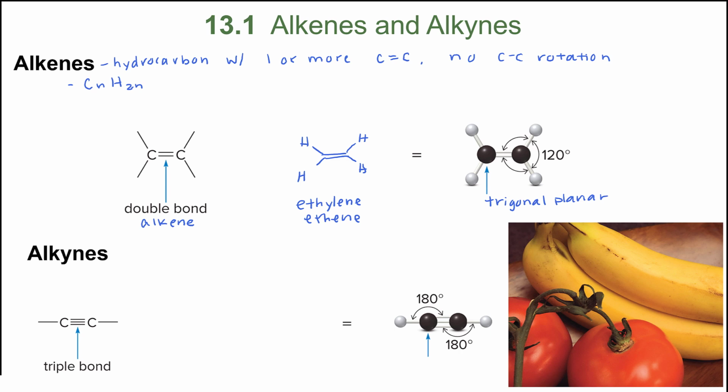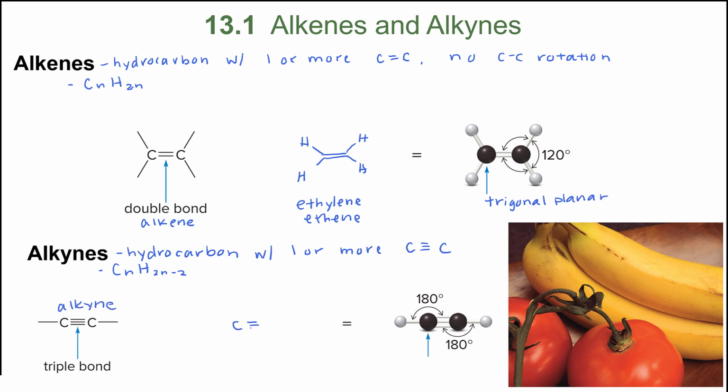When we're dealing with alkynes, these are hydrocarbons with one or more carbon-carbon triple bonds. So the formula here is CnH2n minus 2. So this here is an alkyne.